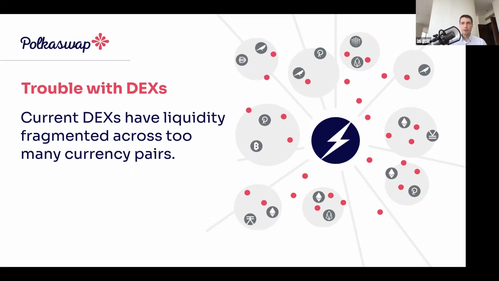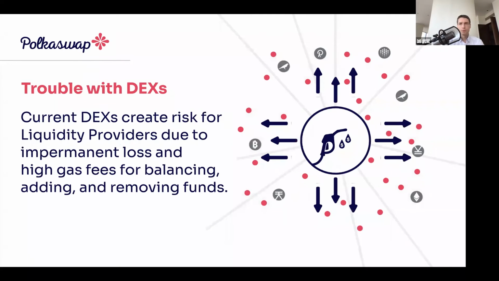And also you don't have as many problems with liquidity fragmented in many different token pairs. So that's one of the main issues with the liquidity on DEXs right now.